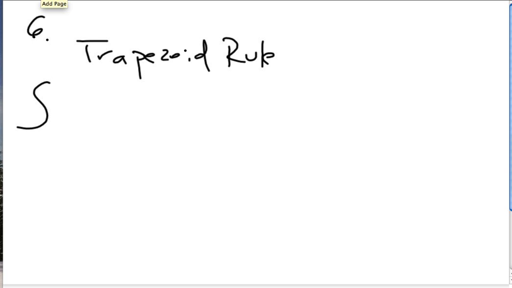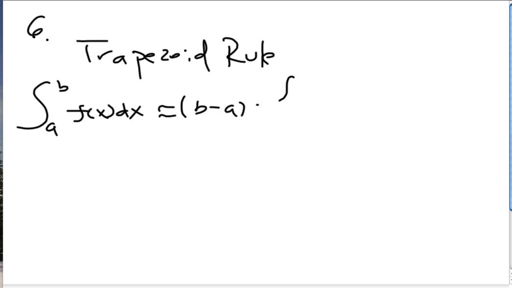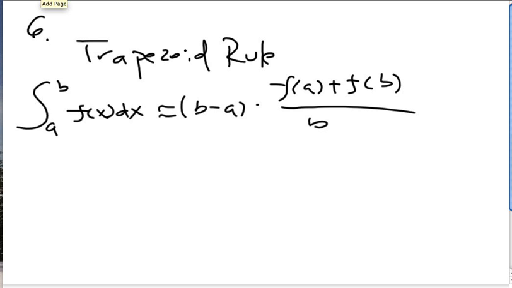For the integral from a to b, if we have a function f(x), the approximation of this is (b minus a) times (f(a) plus f(b)) over 2.